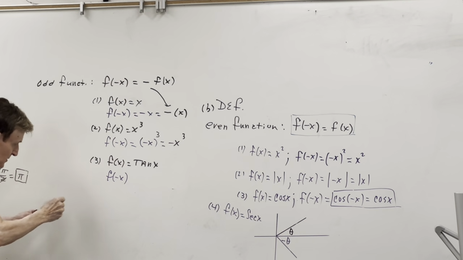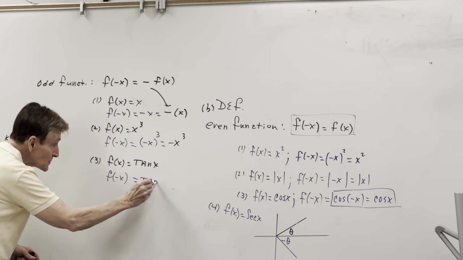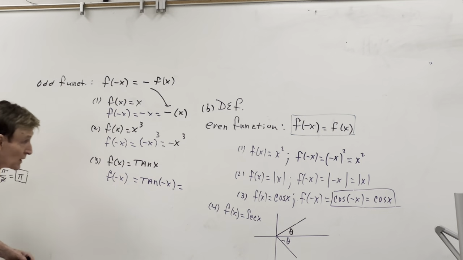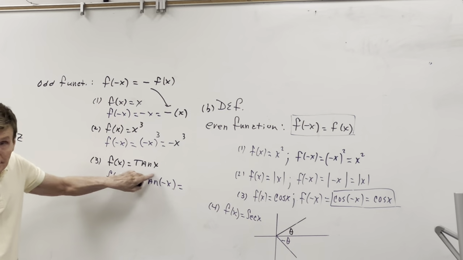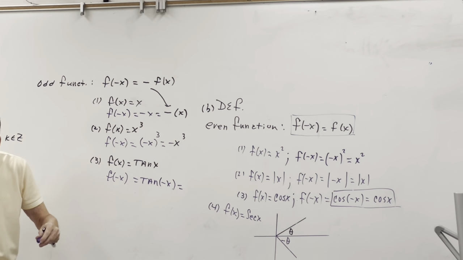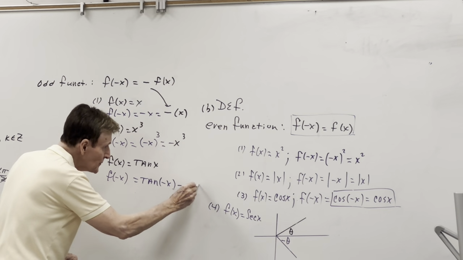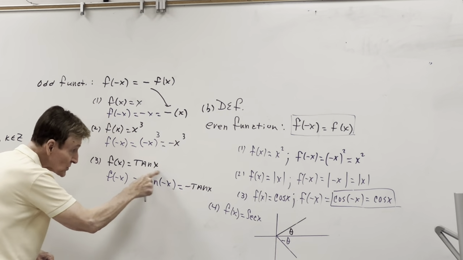That's what the definition says to do, which in this case says go to tangent and replace that x with a negative x. You're supposed to show you get the opposite of what you started out with. You're supposed to get negative tan x.